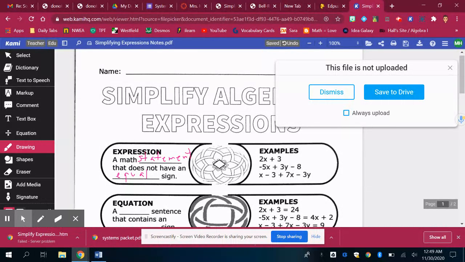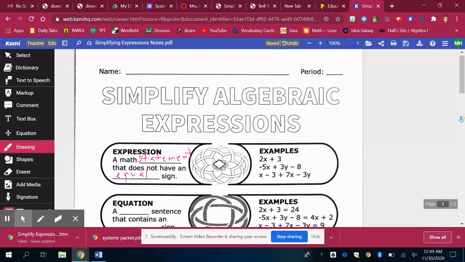There's no equal sign. We have negative 5x plus 3y minus 8. There's no equal sign here. And here's another example, x minus 3 plus 7x minus 3y. Again, no equal signs. These are expressions. An expression, again, is a math statement that does not have an equal sign.